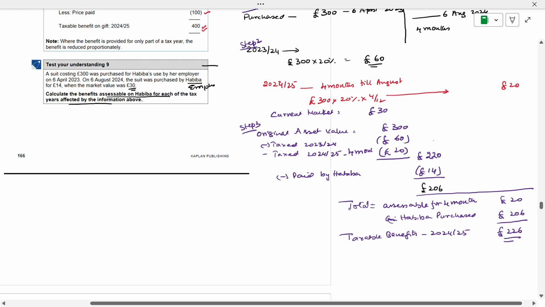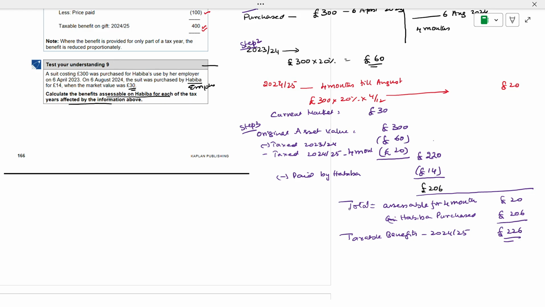Are you clear about this? So this total accessible, this has already been deducted before itself, right? Why did you add it?